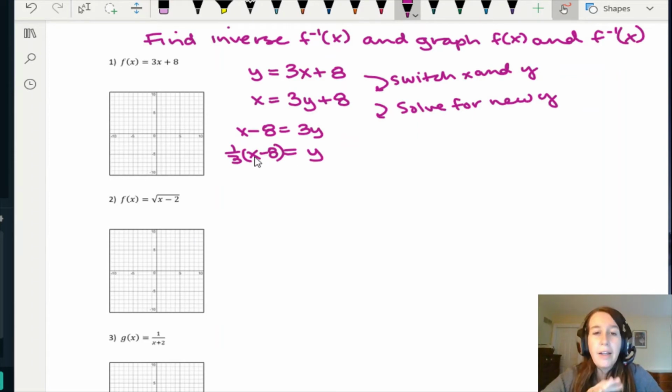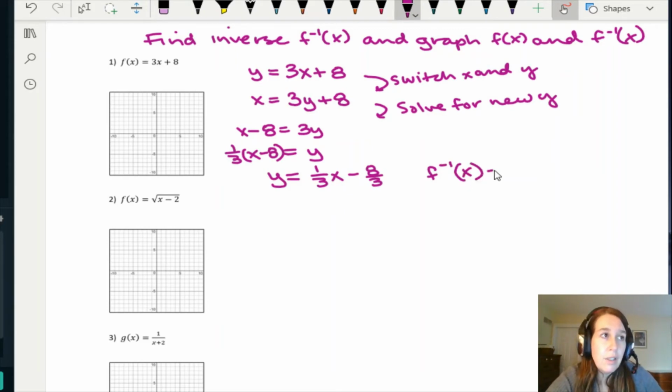Okay, it can be x minus 8 over 3 if you want, that's fine too. Okay, and then this would be y equals 1/3 x minus 8/3. Okay, so the inverse, in other words, is f inverse of x is equal to 1/3 x minus 8/3.